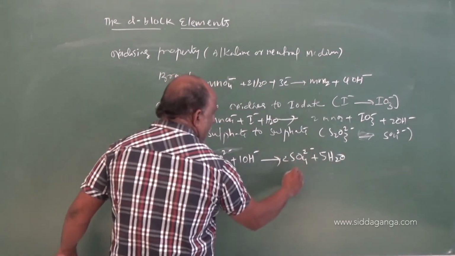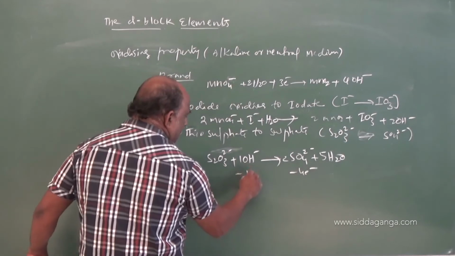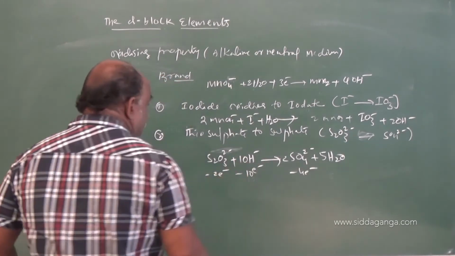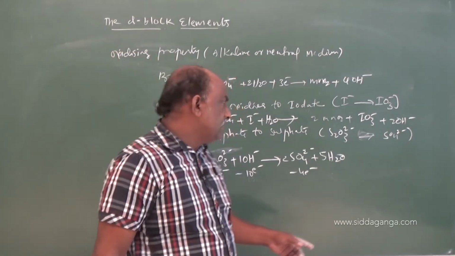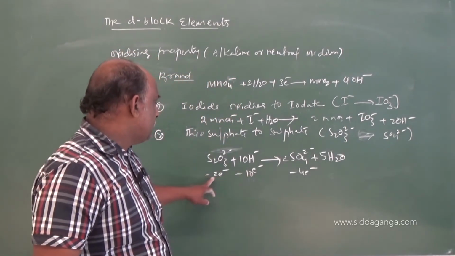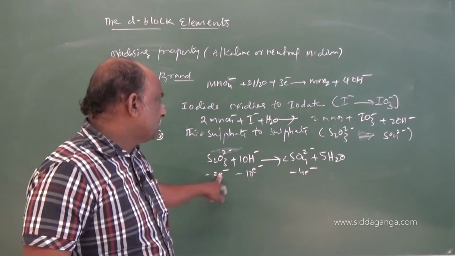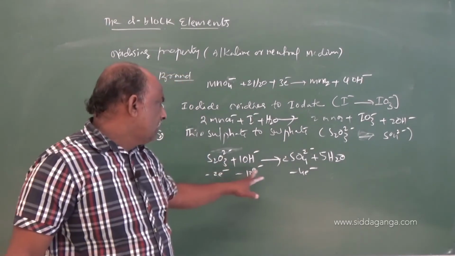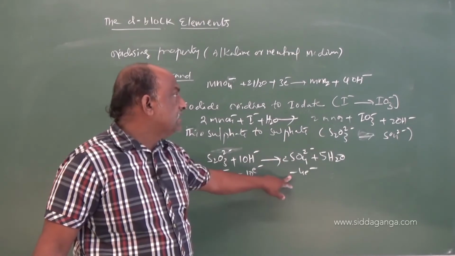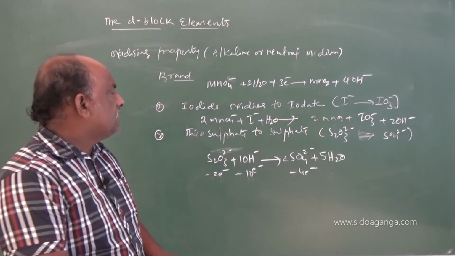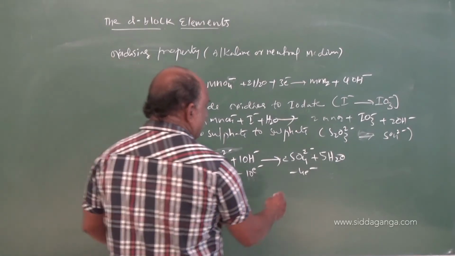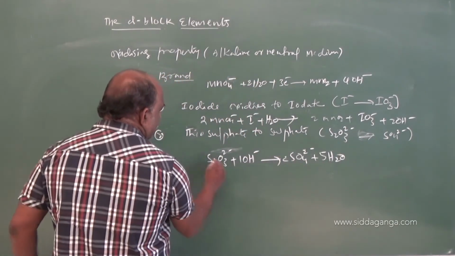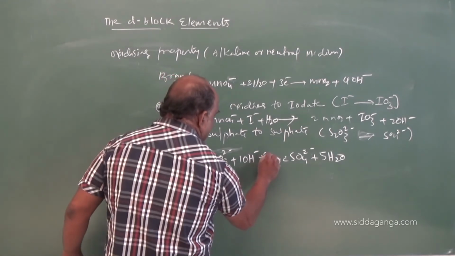Here 2 fours, 8 electrons, you should account. Here minus 10 electrons, here minus 2 electrons. So in total, minus 10 minus 2, minus 12. Here 2 fours, this 4 you took to this side, then plus 4. 12 minus 4, 8 electrons are involved, overall plus 8 electrons.